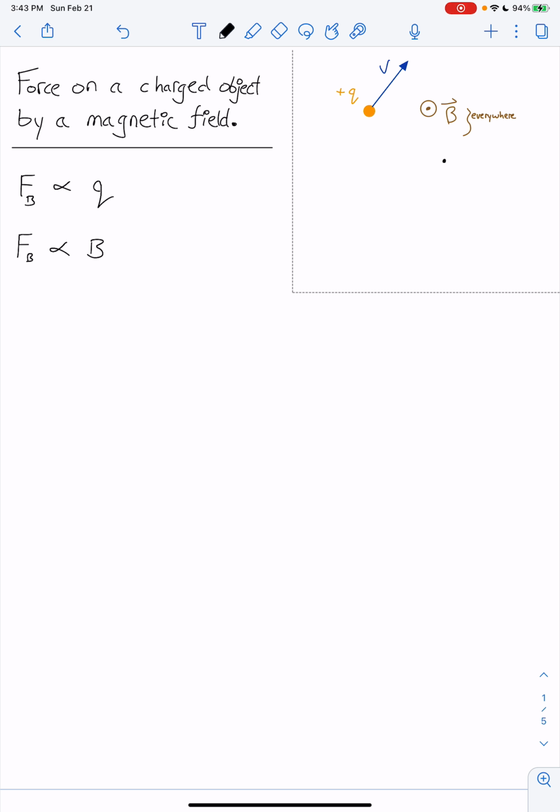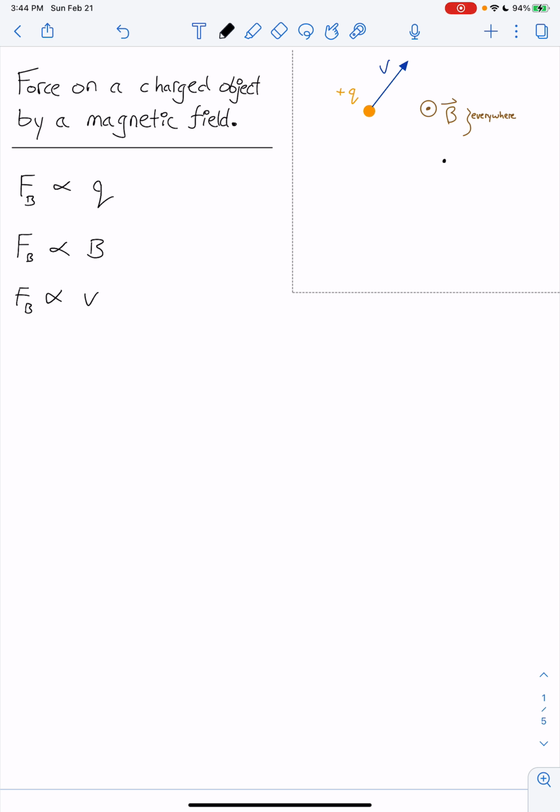Now there's one more thing that turns out to be very important, and that is the velocity. If the charged object is at rest, there's no force. So you can put a stationary charged object in a magnetic field, and it does not experience a force. But as you introduce a velocity, you get a force, and that force is proportional to that velocity.